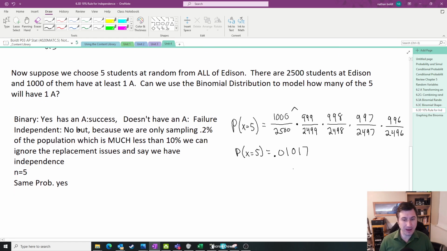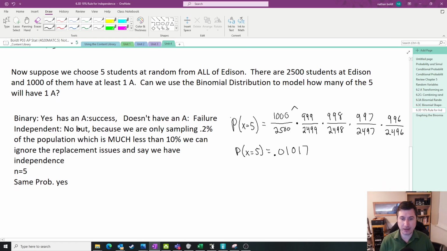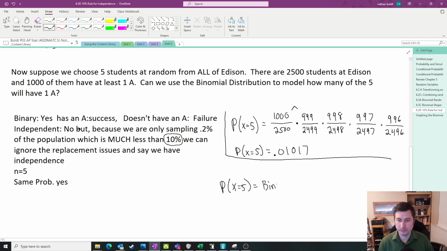All right, but what does the binomial say? All right, that's the actual probability. What does the binomial say? Now, we know the binomial is not going to be perfect because we're fudging this with this 10% rule, right? But what is it going to be? So the binomial says the probability that x is equal to 5. All right, so that is going to equal the binomial PDF. So I only want one probability.